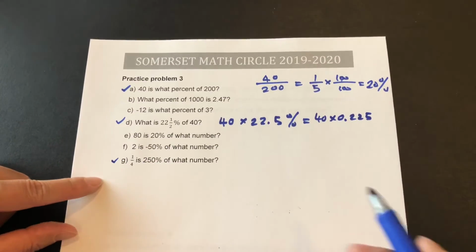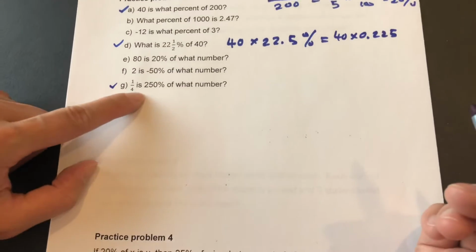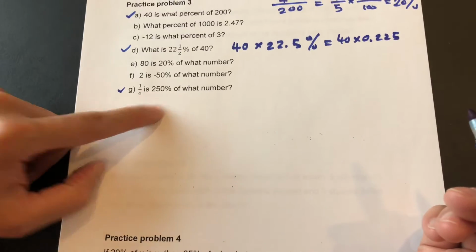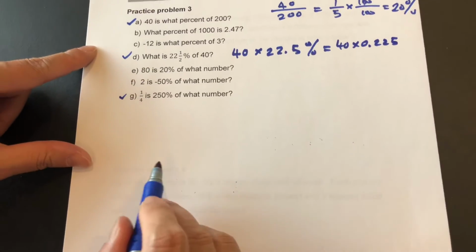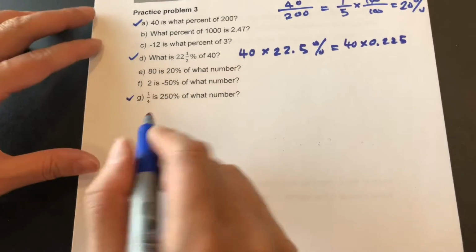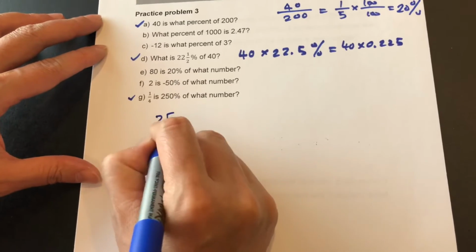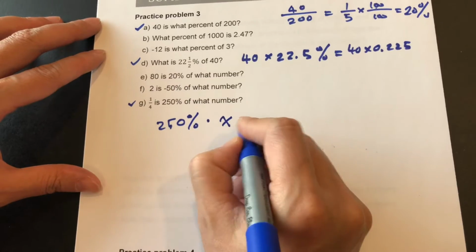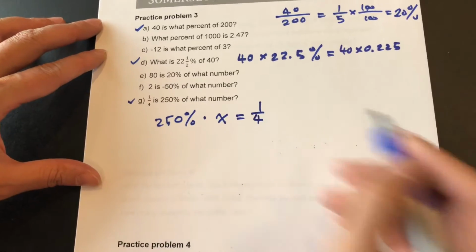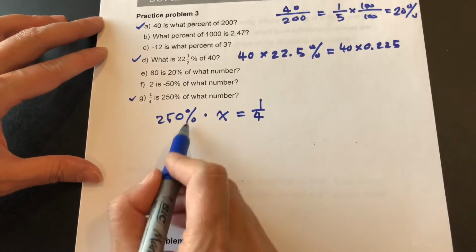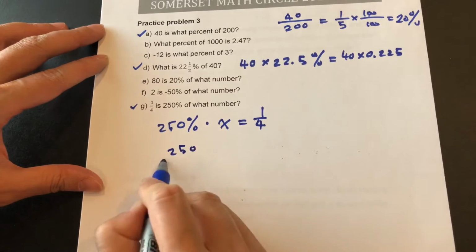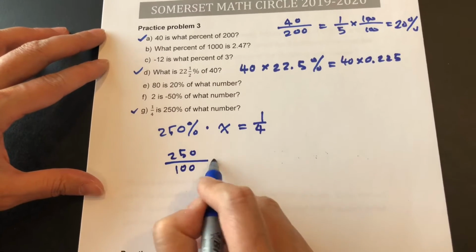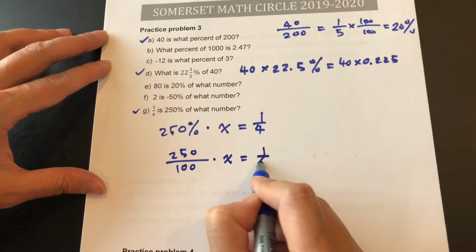We'll use the last one. 1/4 is 250% of what number? Okay, you can use an unknown and say x. 250% of x equals 1/4. Okay, 250% is 250 divided by 100. Multiply x equals 1/4.